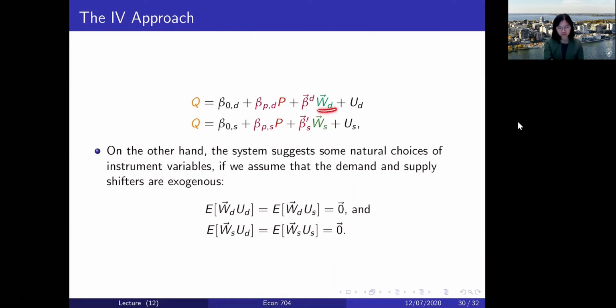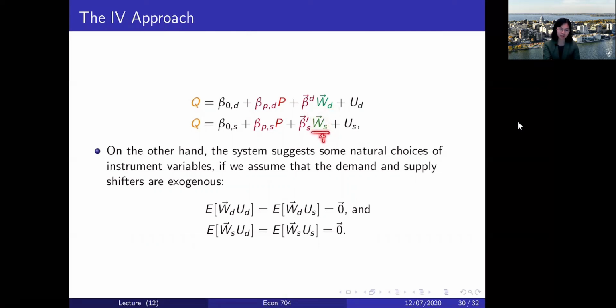So because we assume WD to be exogenous and WS to be exogenous, WD cannot be an instrument for P in the demand equation because they are already included in the causal model. But the variables in WS that are not in WD are valid instruments because they are exogenous by assumption.